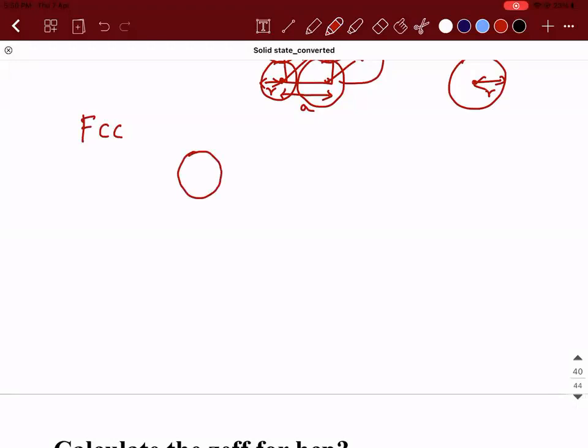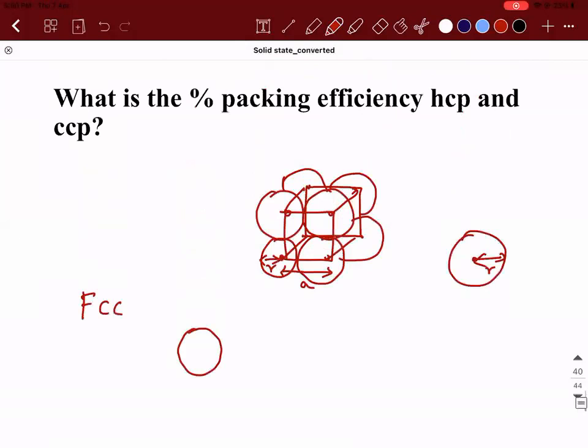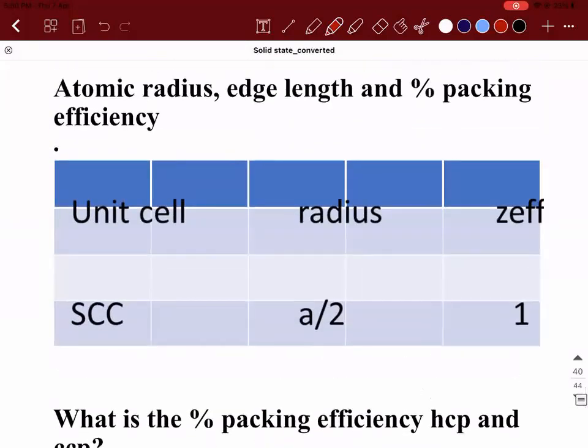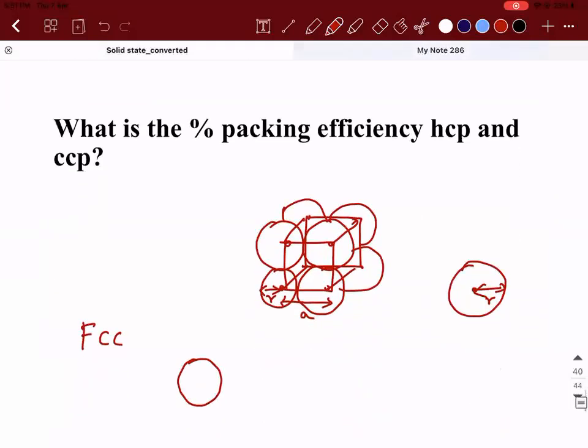There will be a cubic form. I'm taking one view, from any side.